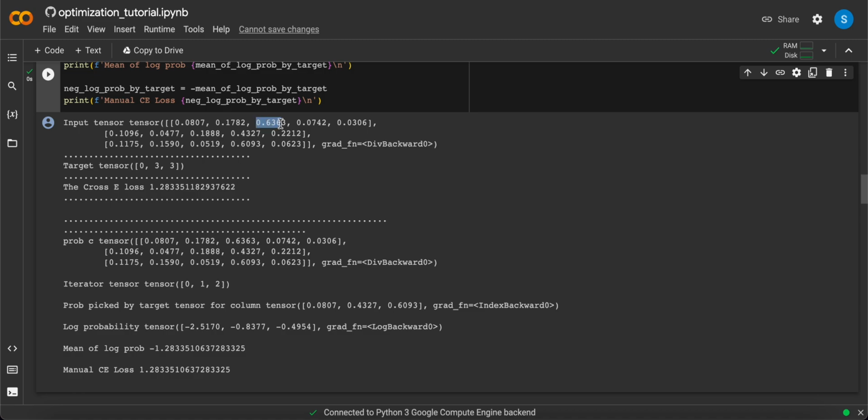So the third index on this tensor is saying the chances of this being, let's say the target here says the third number represents a t-shirt class, so the chances of this being a t-shirt is high, right? If that makes any sense.